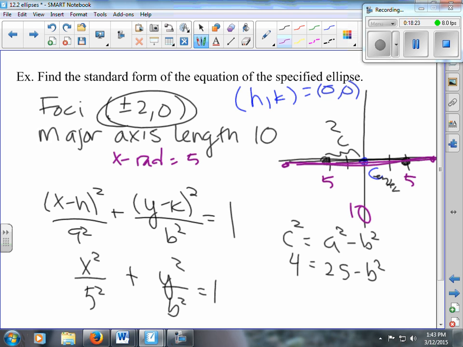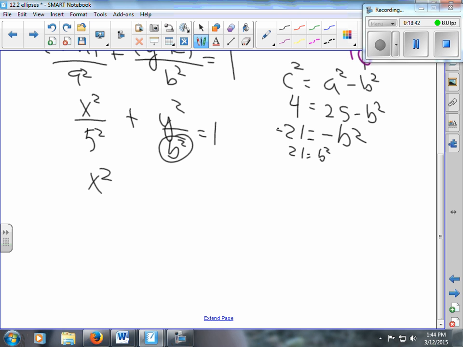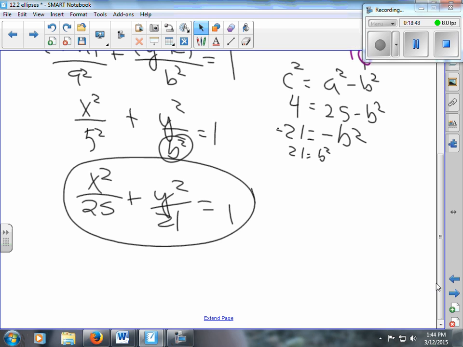I don't even have to square root because I want to know exactly what b squared is. So if I subtract 25, I get -21. So -21 is -b squared, so b squared is 21. And so I just need to put a 21 under there, and we'll be finished. So x squared over 25 plus y squared over 21 equals 1. All done. And that's it.